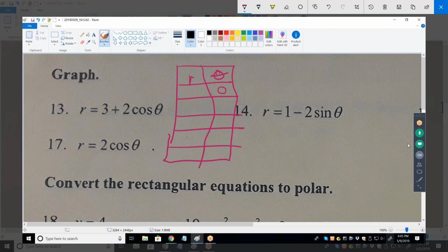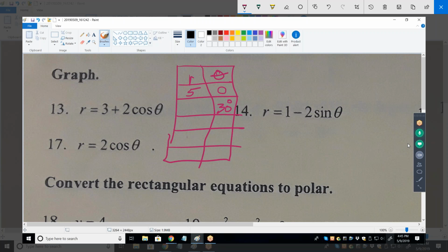So cosine of 0 is 1. So r is 5. Yeah, 5. Next angle is your common angle, 30 degrees. So what is r when theta is 30 degrees?